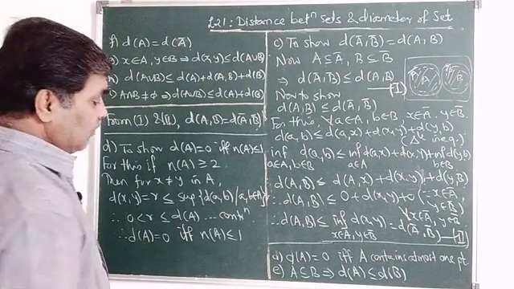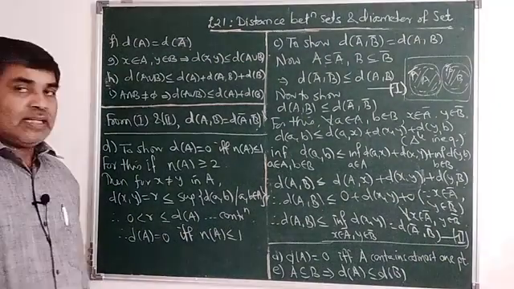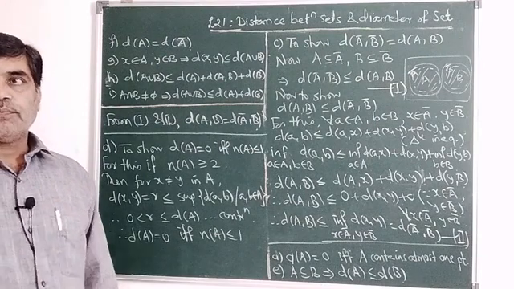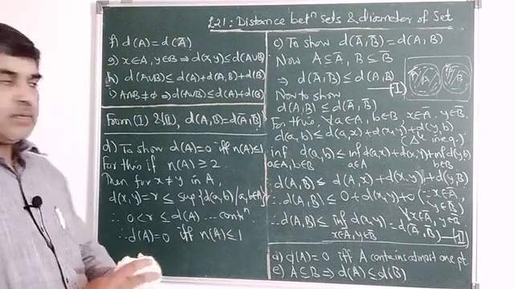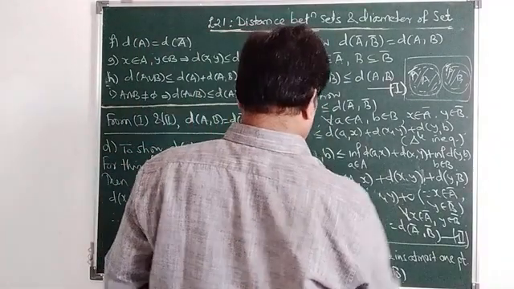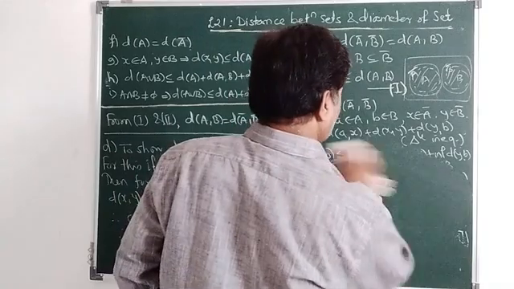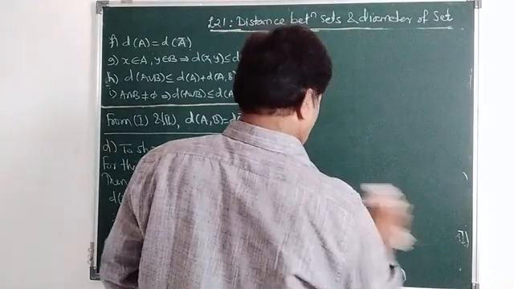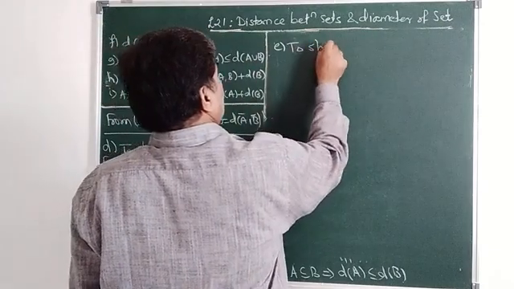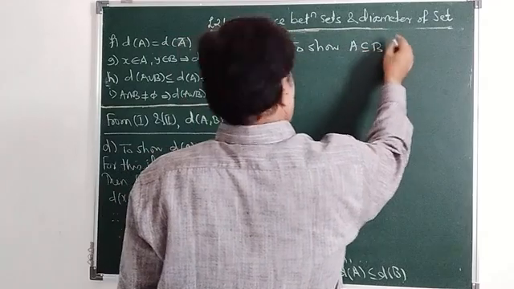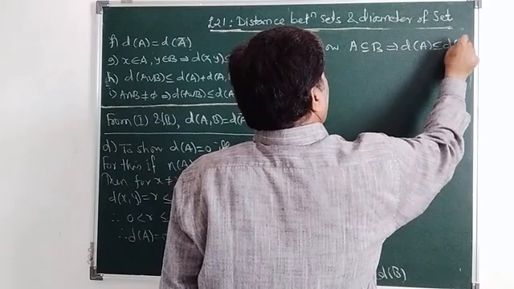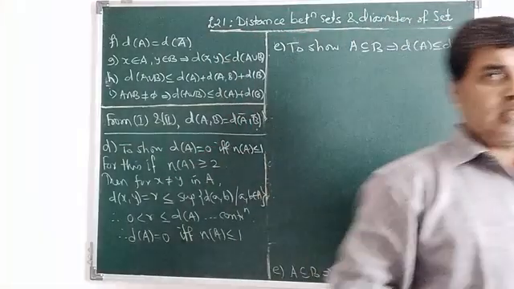Then we have to show that if A is a subset of B, then diameter A must be less than or equal to diameter B. E, to show A subset of B implies diameter of A less than or equal to diameter B. This is our aim now.